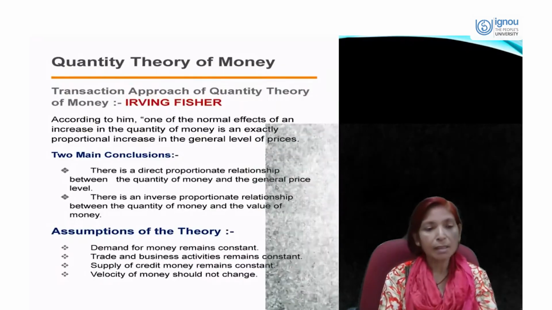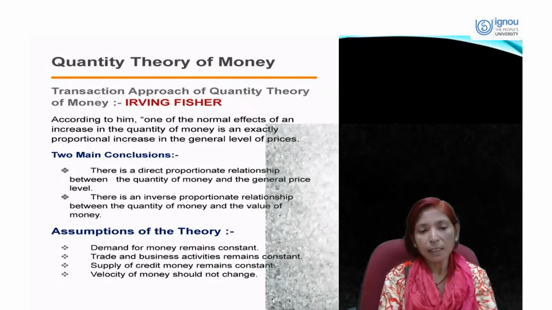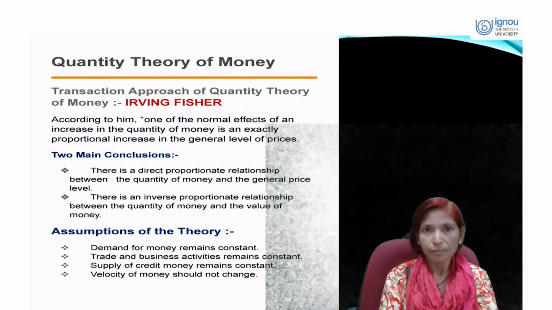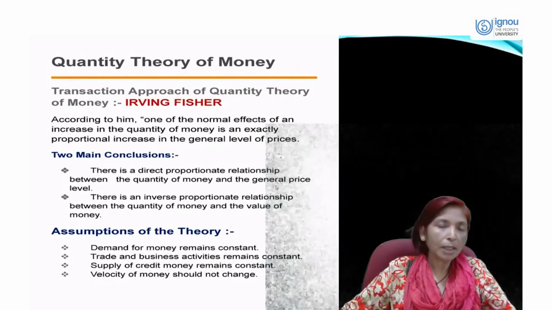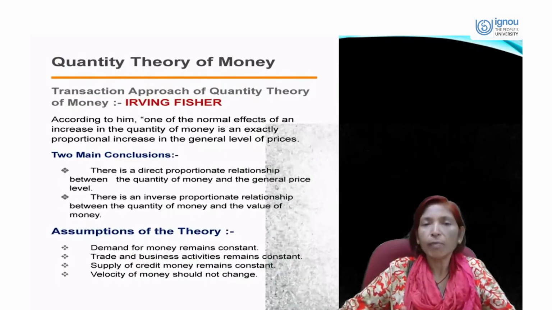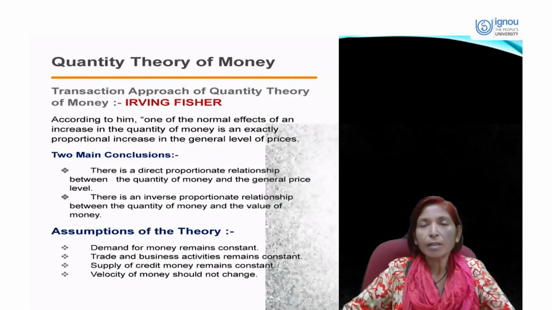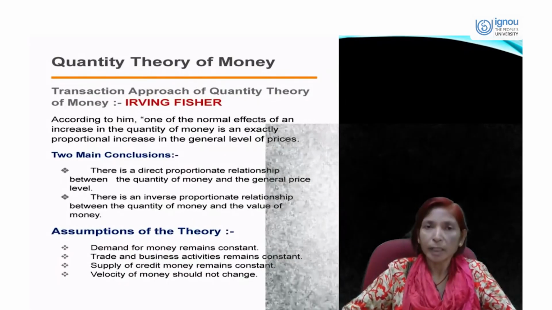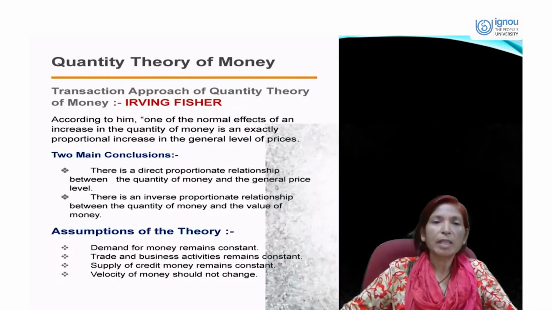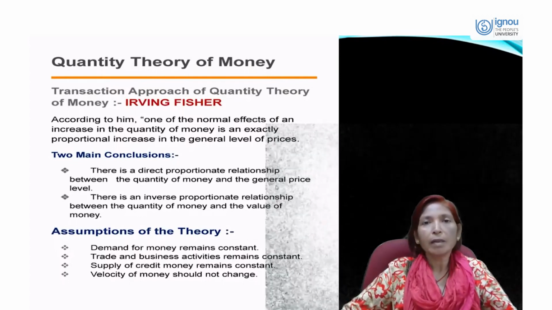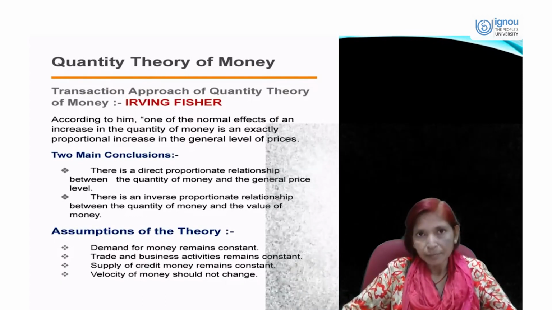Next assumption is velocity of money should not change. What is the meaning of velocity here? Velocity means speed of money or circulation of money. We know that money can't remain stable only in a single hand.